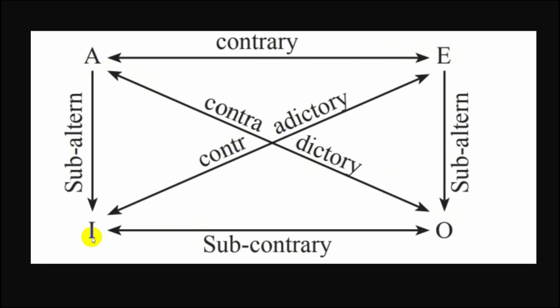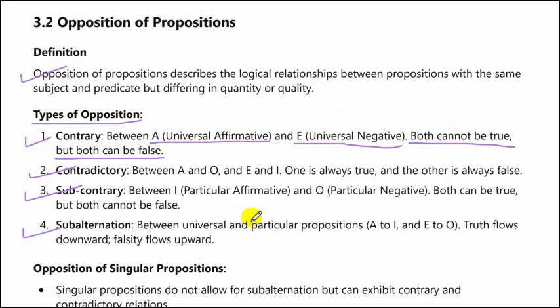And if the I proposition is true, the O proposition will be false. They are contradictory to each other. In this, one is true and the other is always false, whereas in the contrary, both cannot be true, but both can be false.